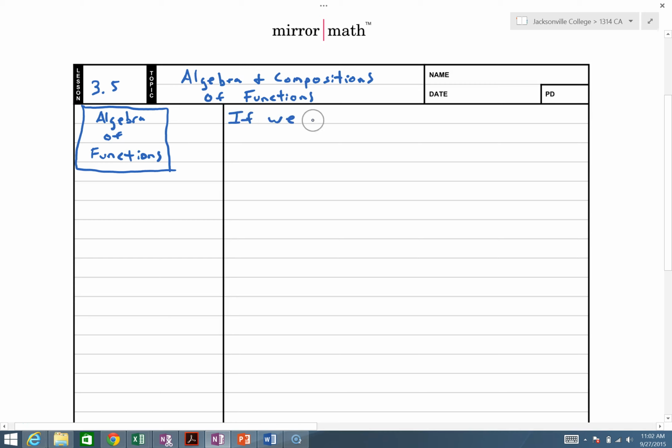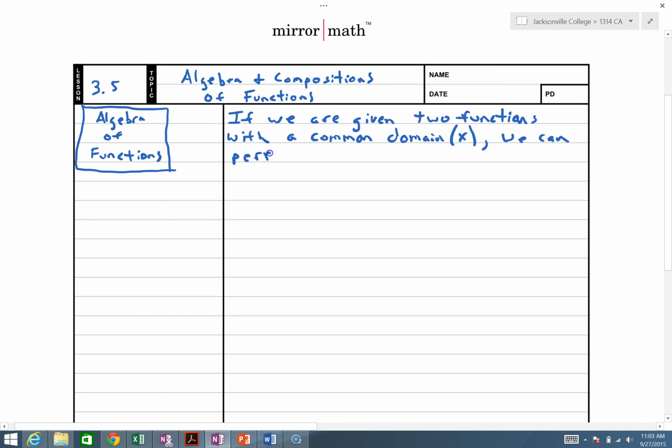If we are given two functions with a common domain, that's the input set, often we use X for our domain, we can perform operations on them.